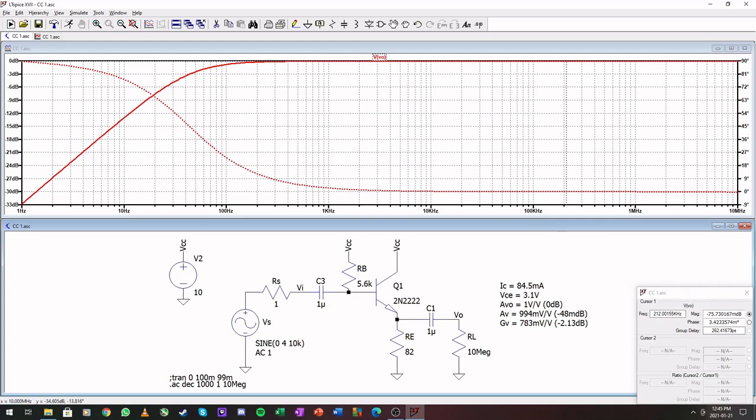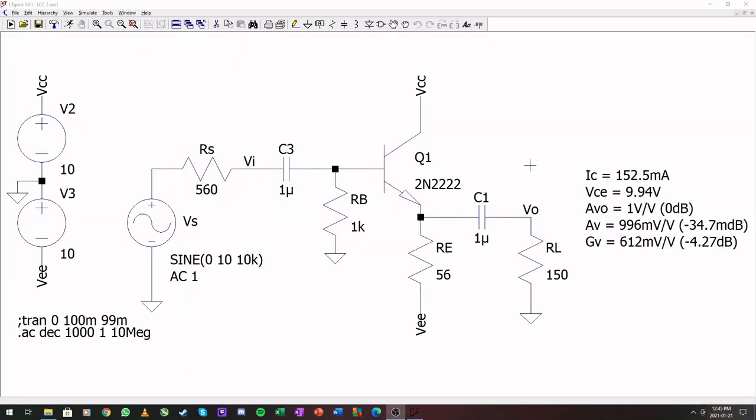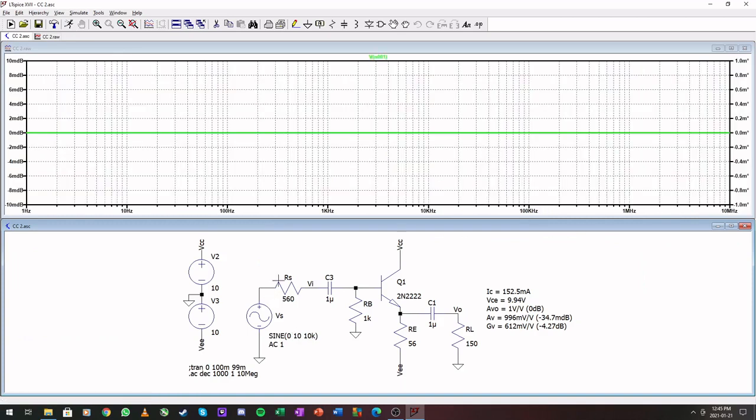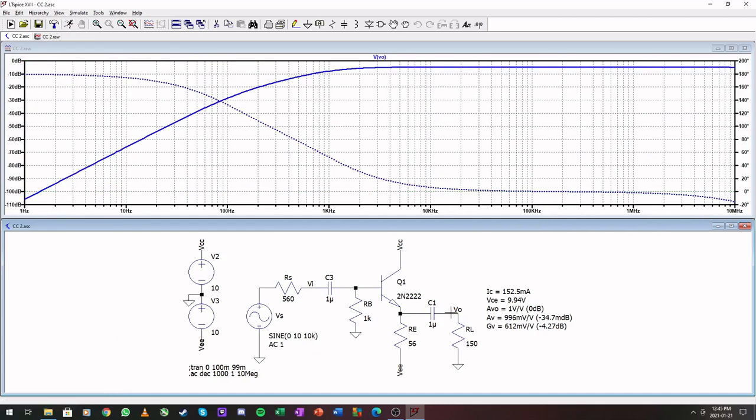Let's look at example 2's simulation. Alright, example 2 had the issue of input loading here. Let's run this. It's on AC first. Okay, let's look at the AC first then.